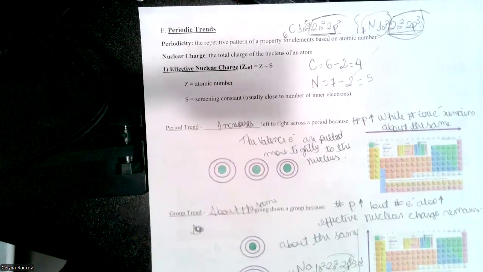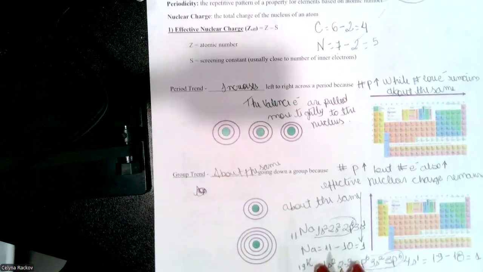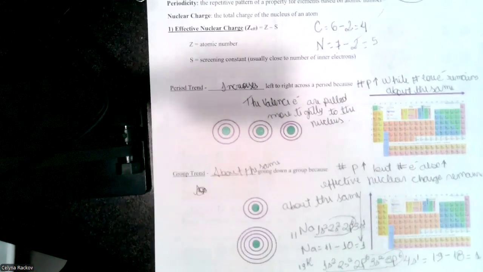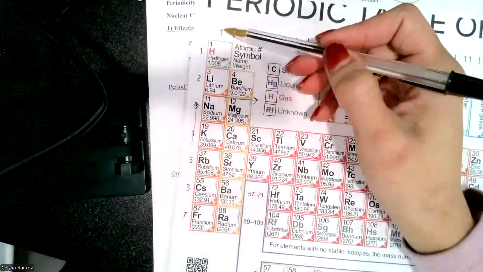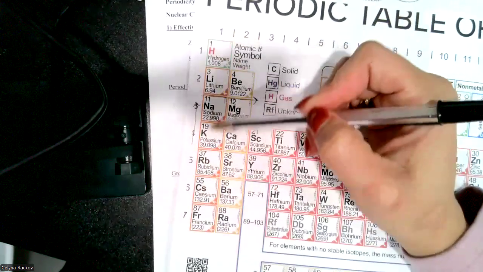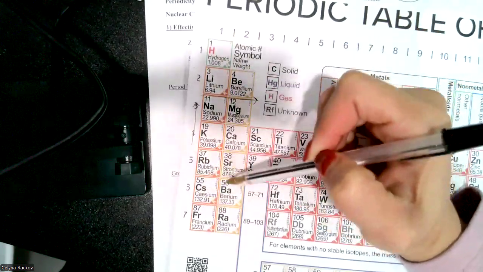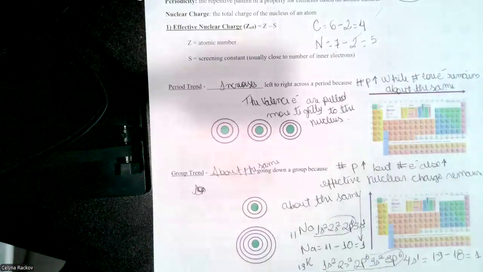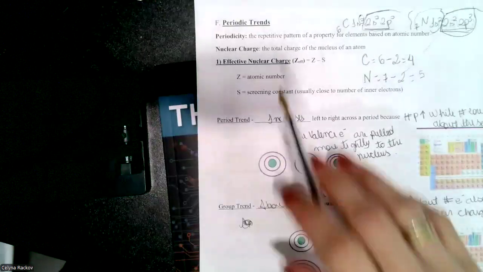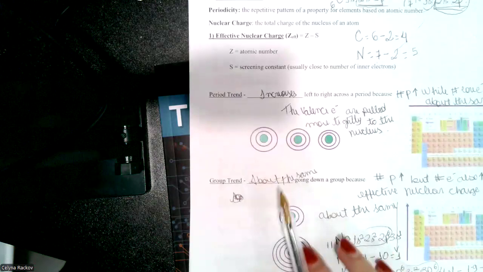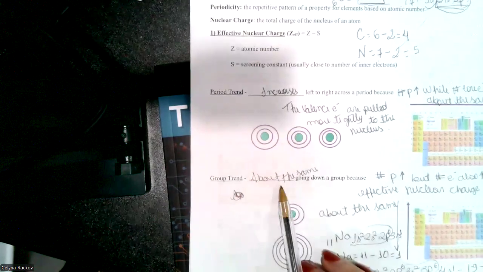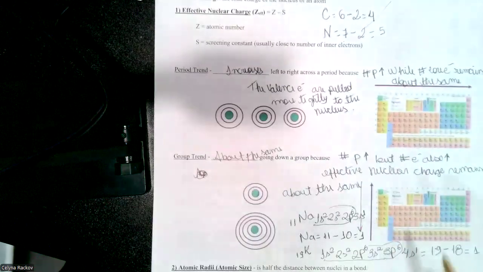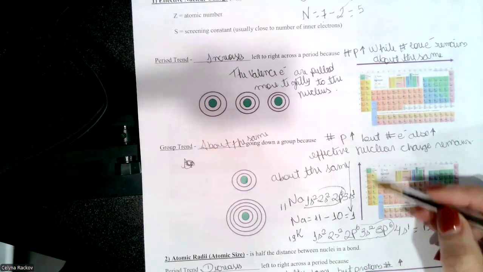Okay, so now let's talk about the group trend. Groups are the columns, the vertical direction, right?